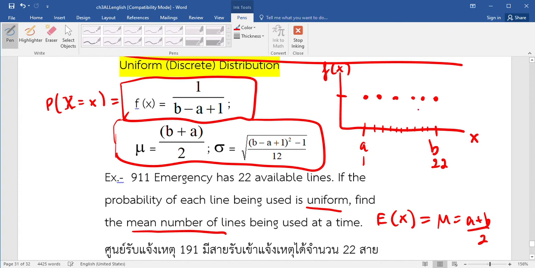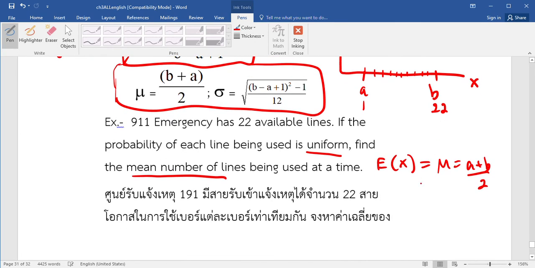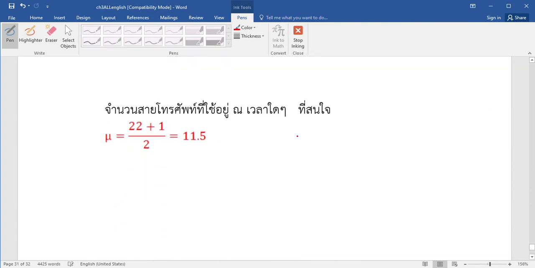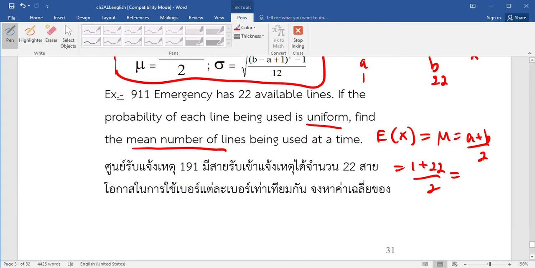So a is 1, b is 22, and mu would be 1 plus 22 over 2. The average number of lines being used at a time is 11.5.